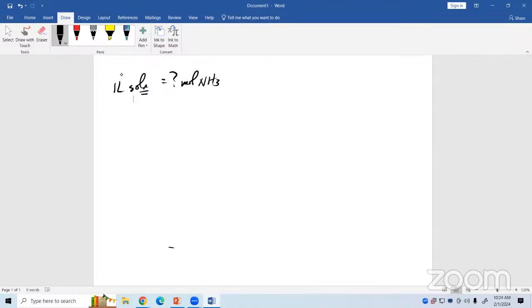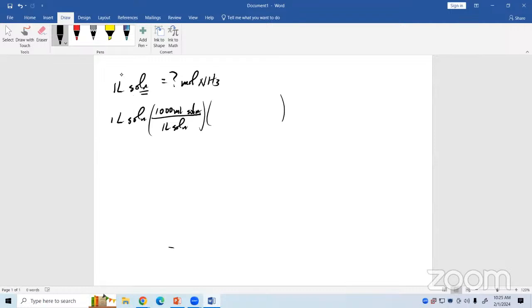All right, that's the aim. So I'm going to start off with 1 liter of solution, and first convert that to milliliters. We know that 1 liter of solution would be equal to 1,000 milliliters of solution, all right?